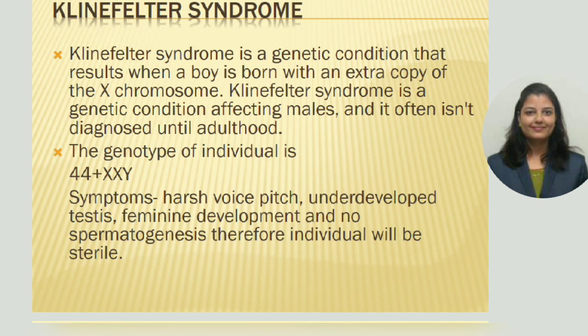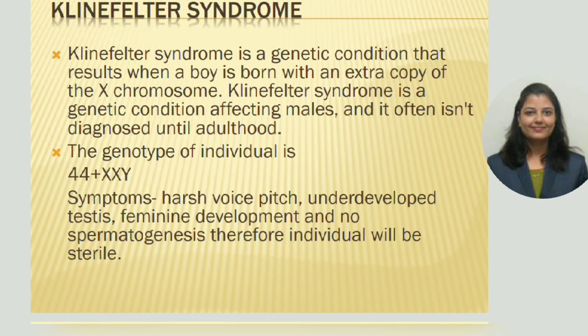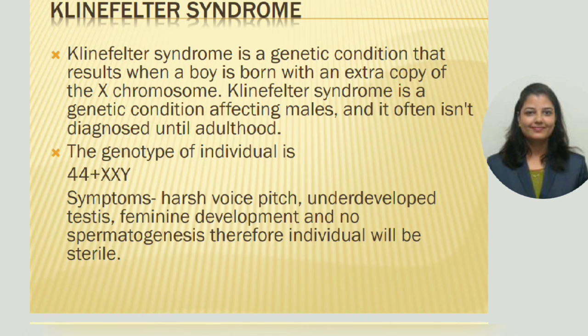So this is a characteristic: it is not diagnosed until adulthood. The genotype of the individual is 44 plus XXY. The symptoms: high voice pitch, underdeveloped testes, feminine development and no spermatogenesis, therefore the individual will be sterile.